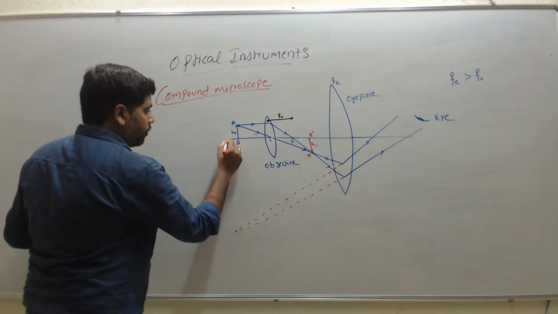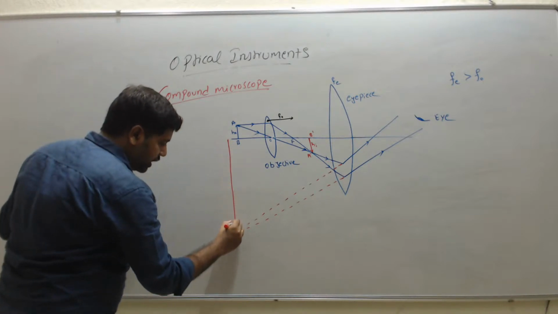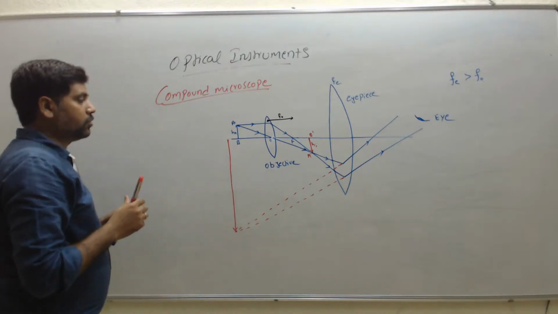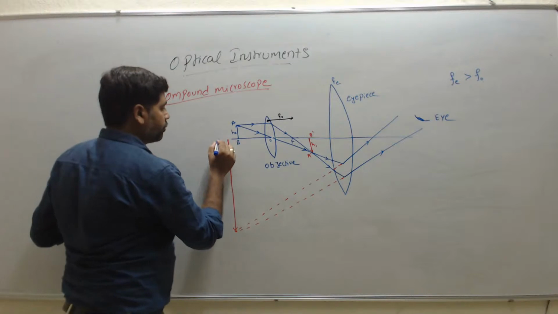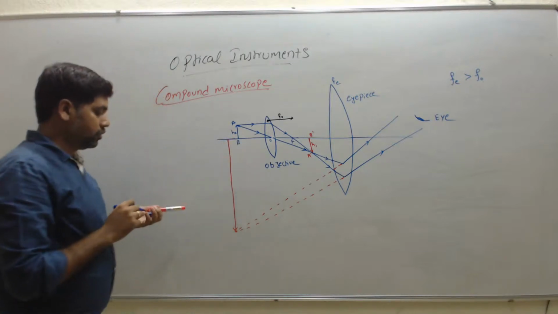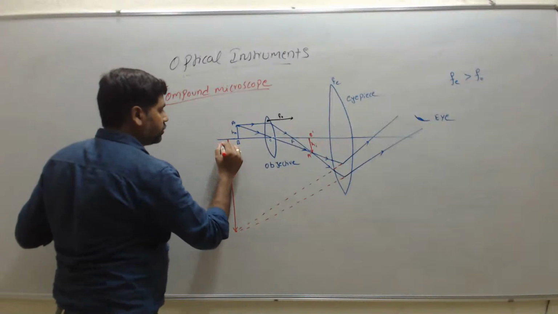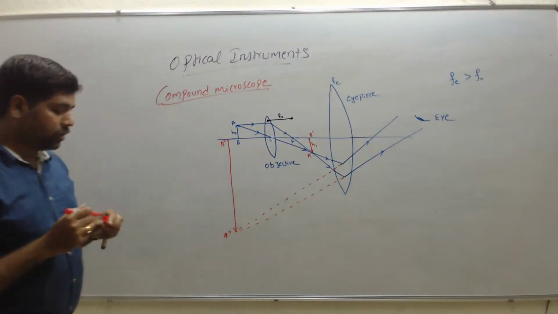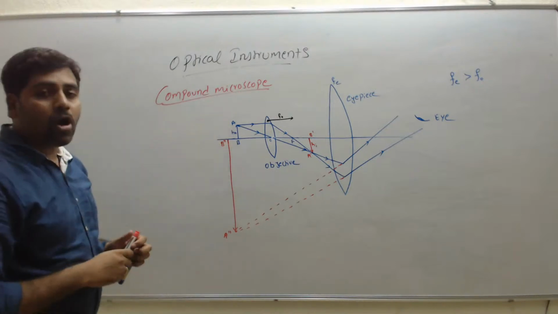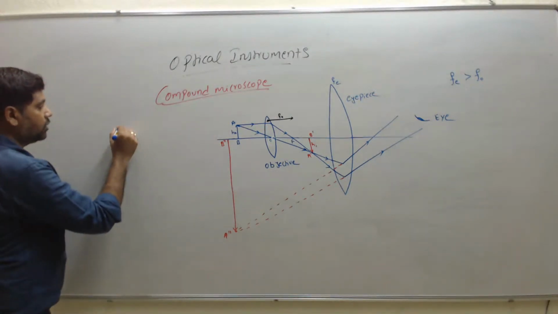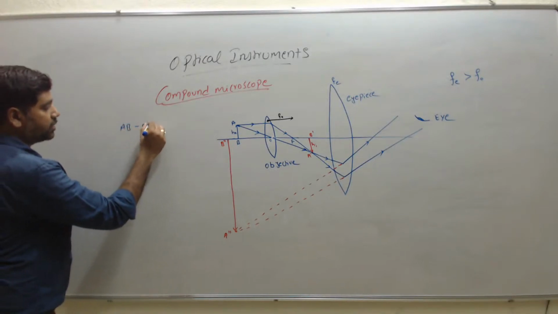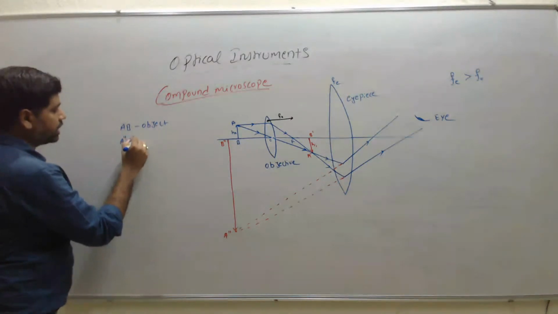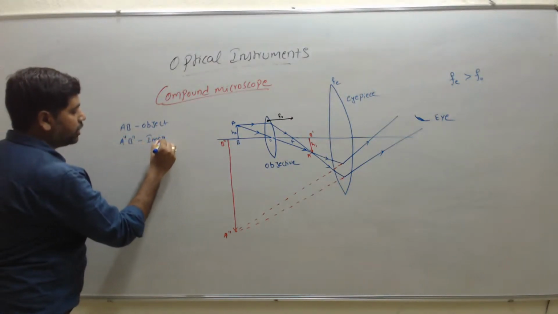So here we get the image of the virtual object, B double dash and here A double dash. So if you observe here, AB is the object and A double dash B double dash is the final image.